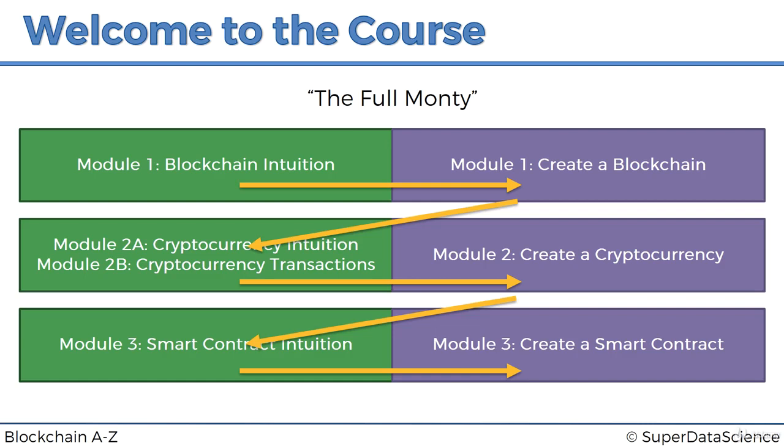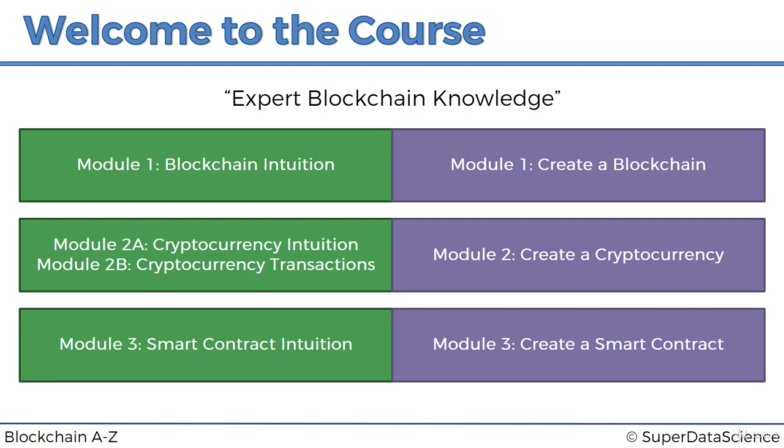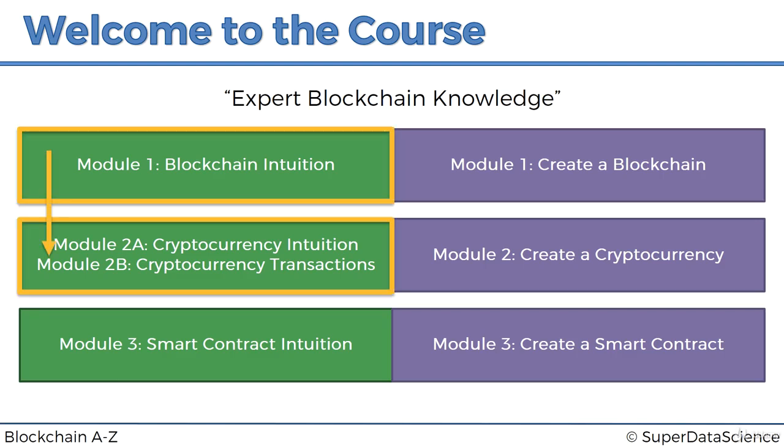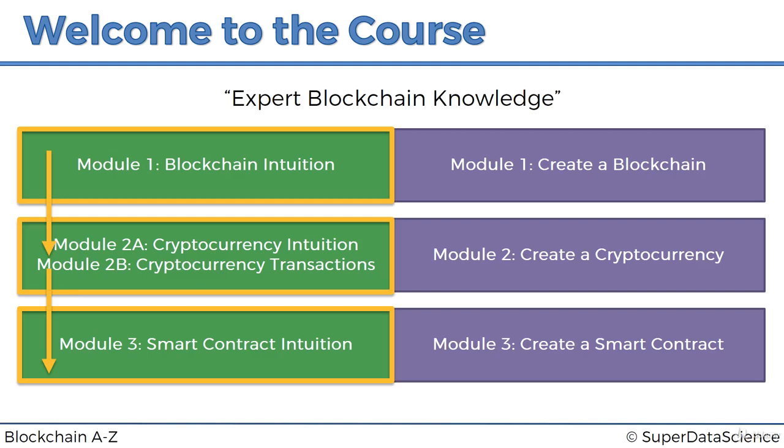In that case, for instance, you could take the blockchain expert knowledge path through the course, and you could simply go through Module 1, intuition, Module 2, intuition, and Module 3, intuition, completely disregarding the coding aspects of it. The beautiful part about this course is that if you ever do want to get into coding, you can always come back and do the coding later.